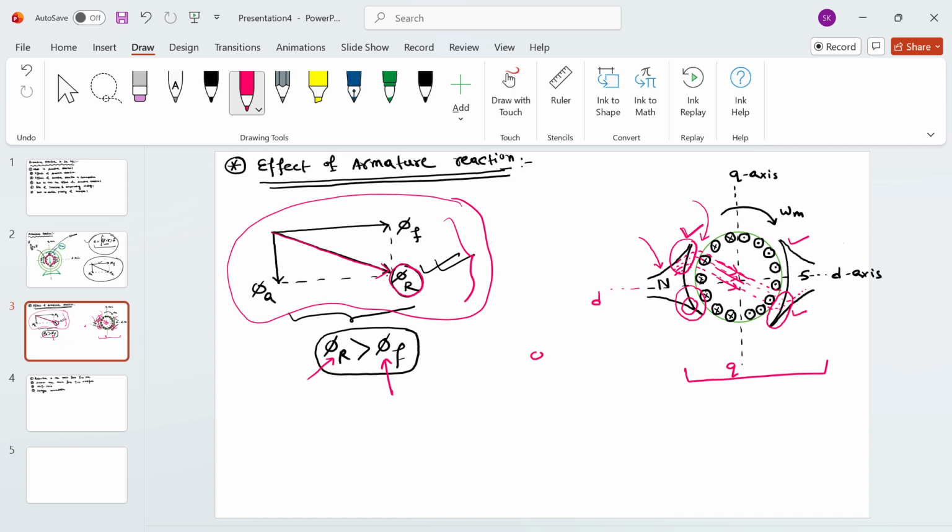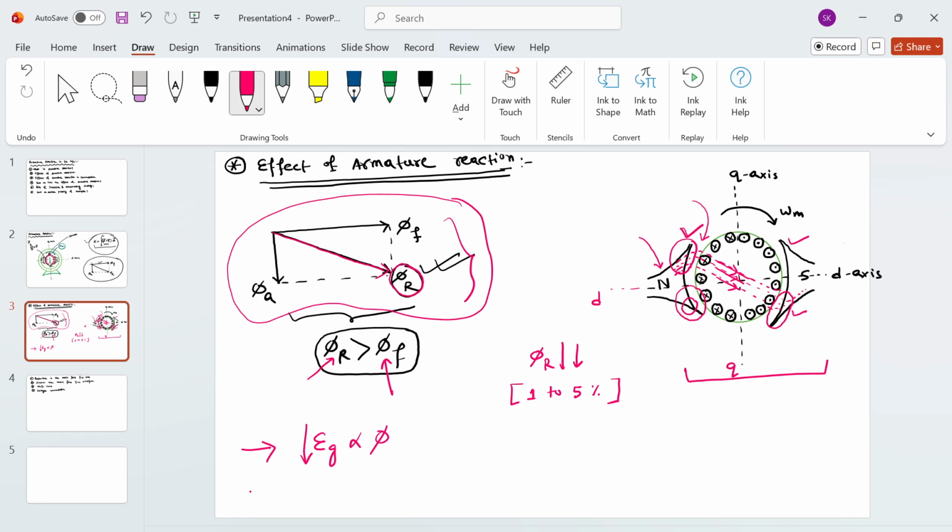The resultant flux will decrease, and it has been observed that the reduction is around 1 to 5% from no load to full load. If there is a reduction in the field flux, then, as you know, the induced EMF in a generator is proportional to the flux per pole, so the induced EMF will reduce.